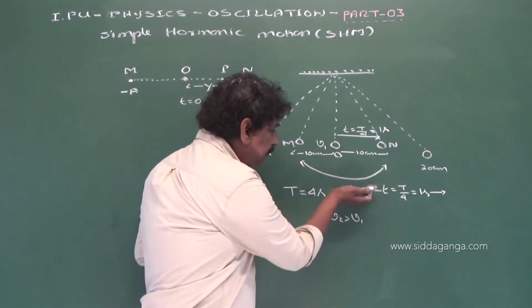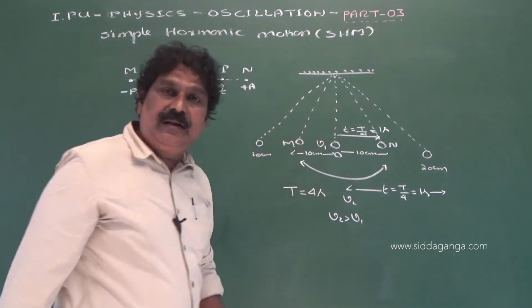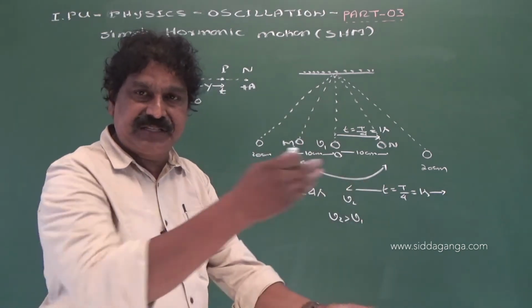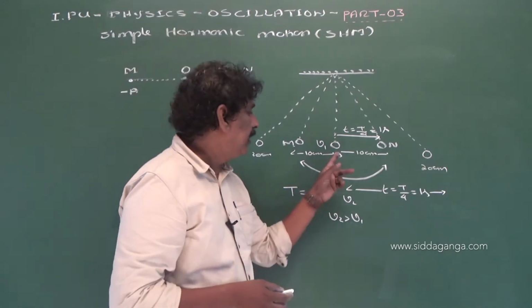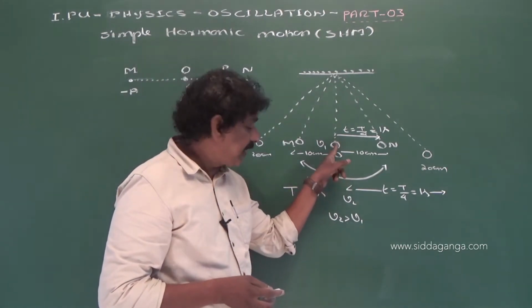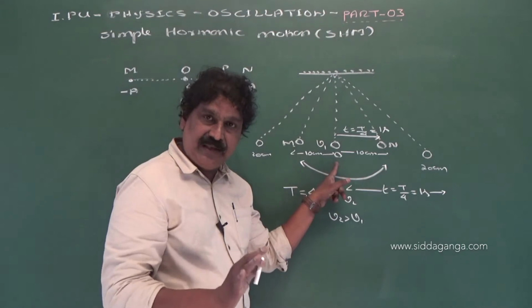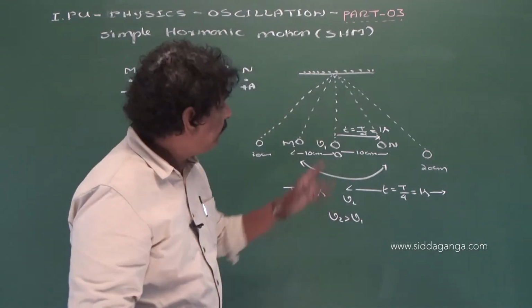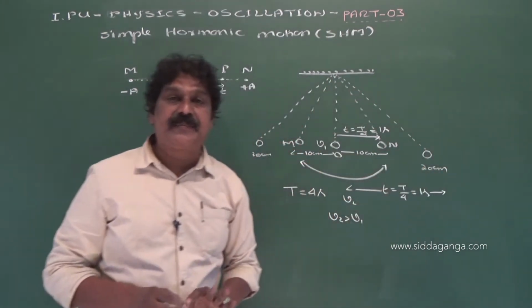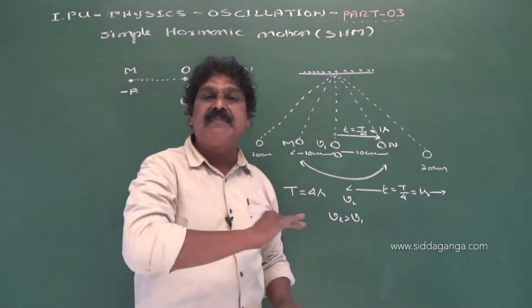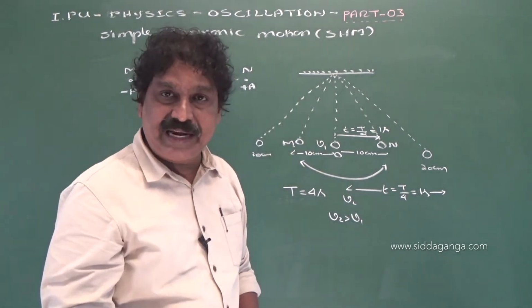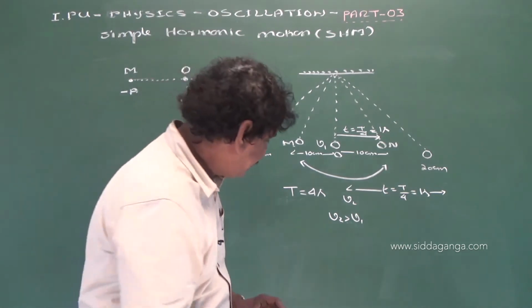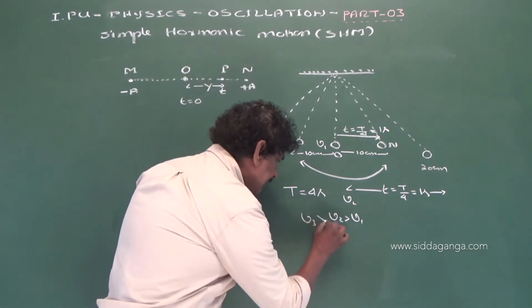Even in this case, velocity is not constant. It is changing with time, therefore I have taken the maximum velocity at the mean position. Now if I pull it 30 centimeter, again the time interval is the same. In 1 second, the bob covers a distance of 30 centimeter. That means v3 is greater than v2.